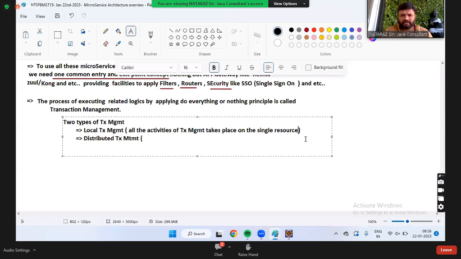Single resource means a single database software. Example: a transfer money operation between two accounts of the same database.